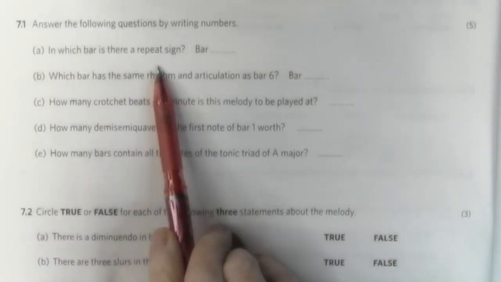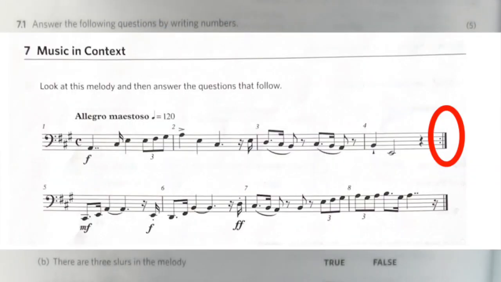Sorted. In this final section, we need to answer a number of questions relating to a score that is given. In which bar is there a repeat sign? Well, I think it's in bar 4 because we have these 2 dots in bar 4. And they mean go back to the beginning.